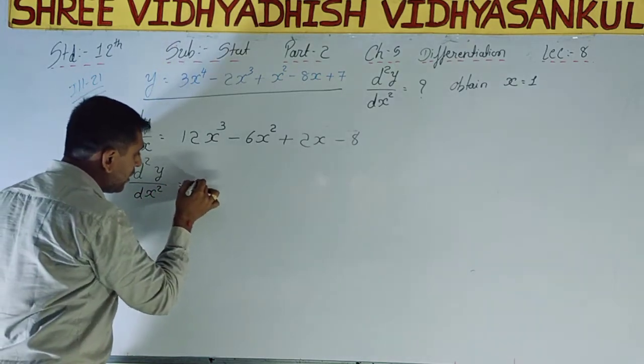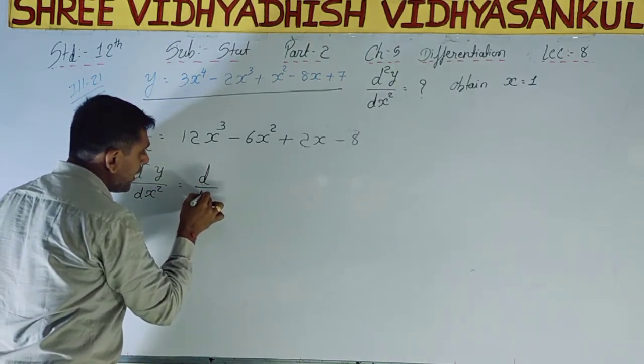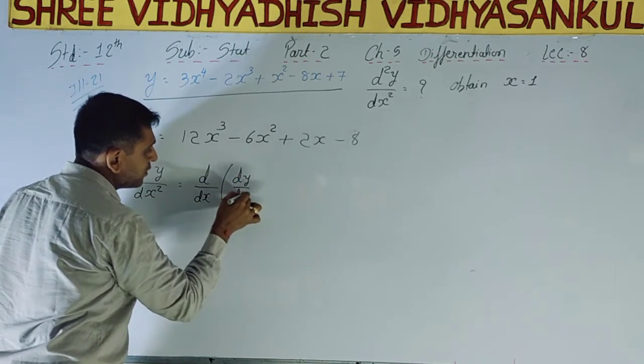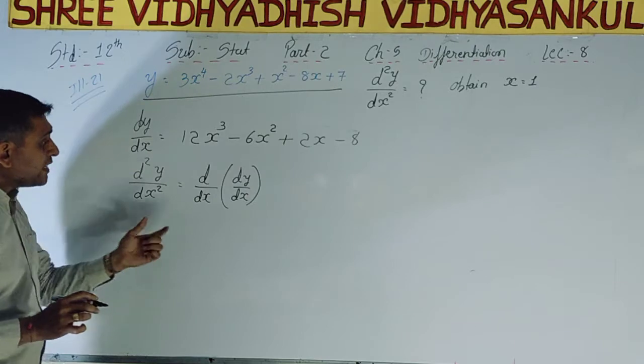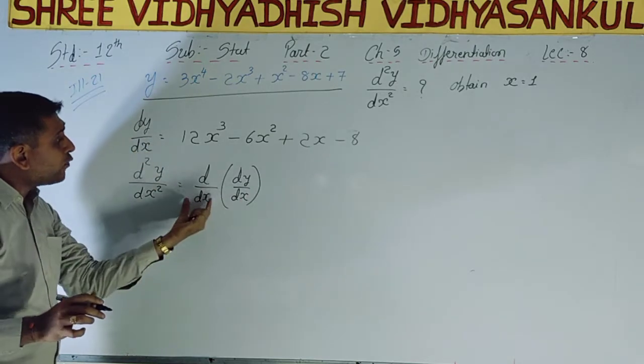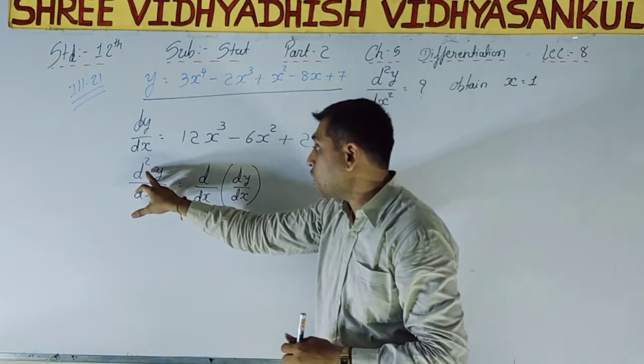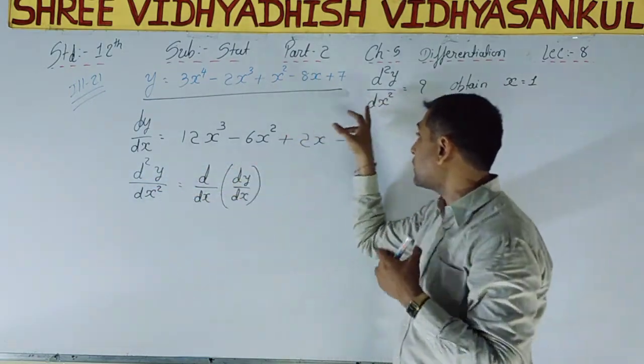What does that mean? Here d by dx of dy by dx means differentiation of this. What is d square y upon dx square? That is the second order derivative.